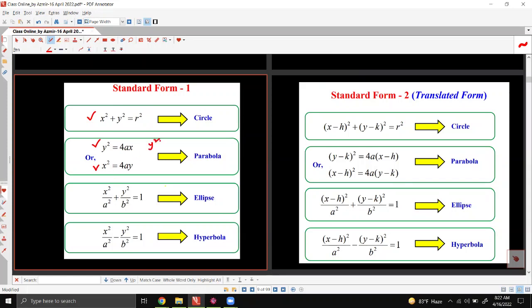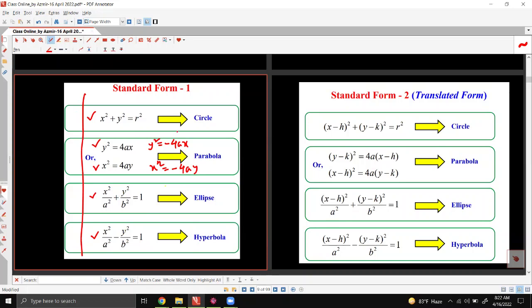We may also have y squared equals minus 4ax and x squared equals minus 4ay. So there are actually four standard forms for a parabola. Similarly, for an ellipse, we have x squared over a squared plus y squared over b squared equals 1. And for a hyperbola, x squared over a squared minus y squared over b squared equals 1. So we have these standard forms.